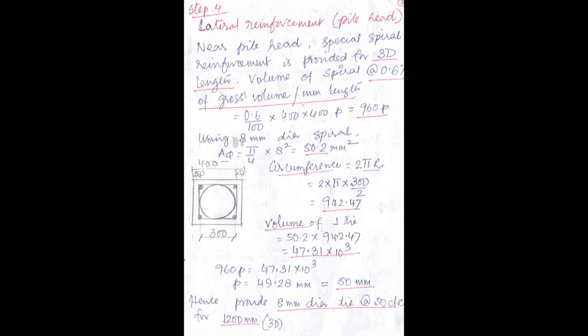Now circumference part, you see I have drawn one diagram also. See the pile is of 400 millimeter dimension, correct, 50-50 clear cover. So how much is remaining? 300. 300 is the side of one tie bar, of one side, each side of the tie bar. Now over there we are providing a spiral reinforcement.